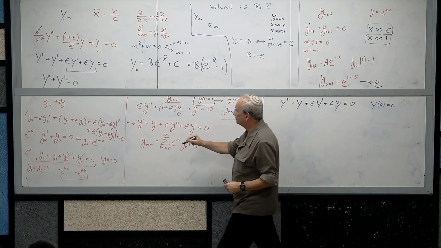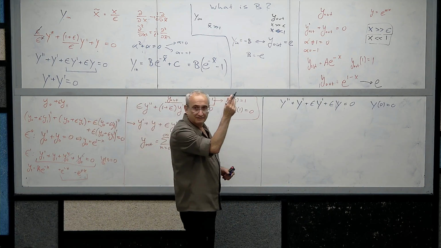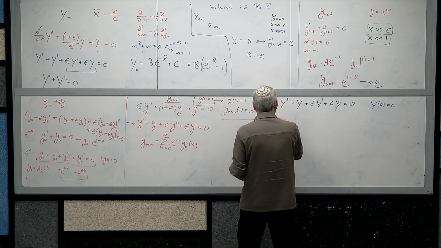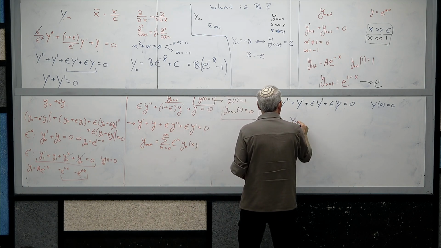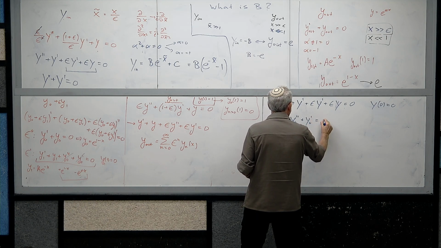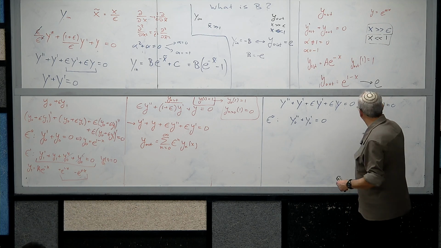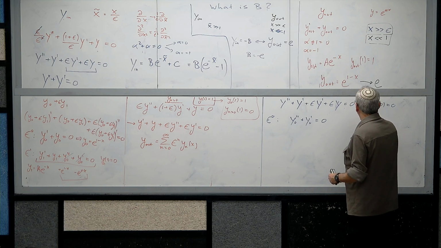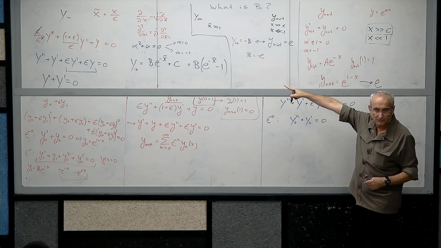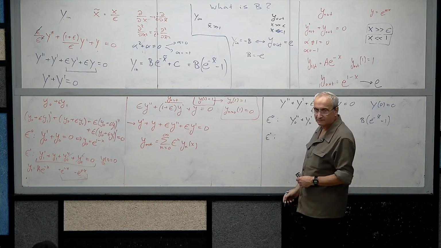How do I continue from here? Again, I will put y0 plus epsilon y1, and I will collect terms. For epsilon to the power of 0, I have y0 double prime plus y0 prime equals 0, and the solution will be b times e to the minus x tilde minus 1, exactly what we found here, because this was the zeroth order in the perturbation. What will happen for epsilon to the first power?